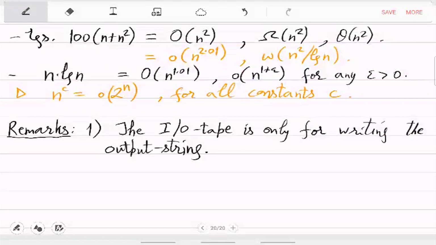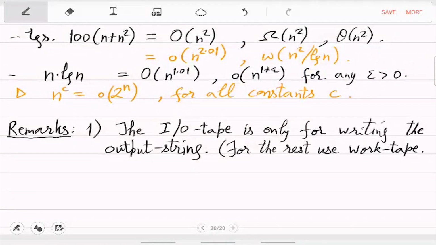For all the other stuff, use the work tape. And sometimes you may not even need to write the output. You can also just place it on the work tape if it is small enough, especially if it's a decision problem.